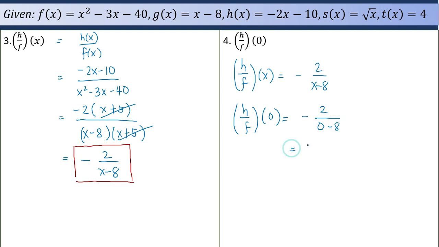Okay? So we have negative 2. So 0 minus 8 is negative 8. Okay? So negative divided by negative is positive. Makakancel ang 2 at saka 8. We will have positive 1/4. Therefore, h over f of 0 is 1/4.